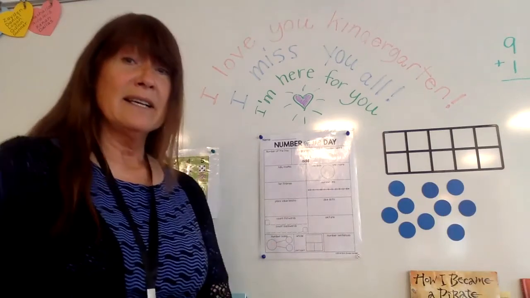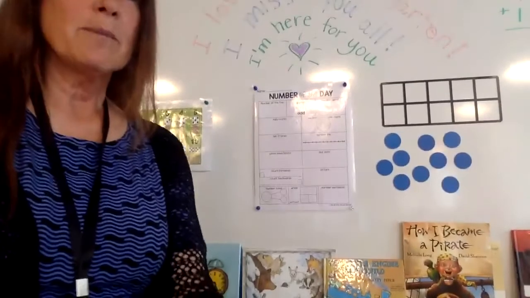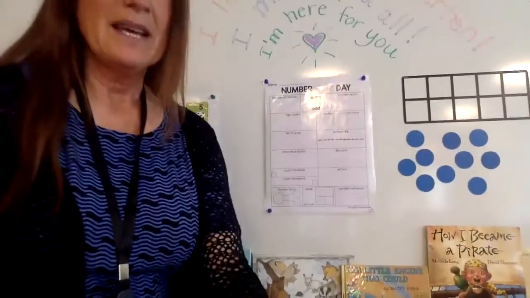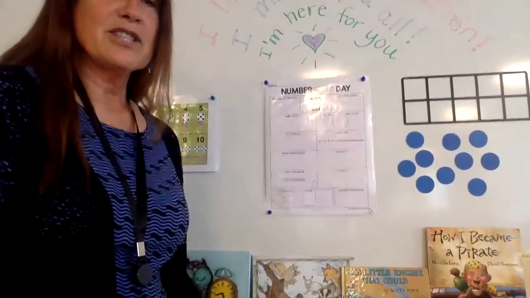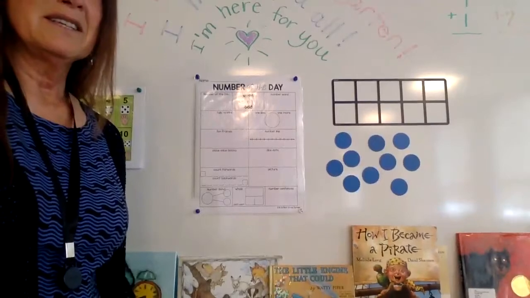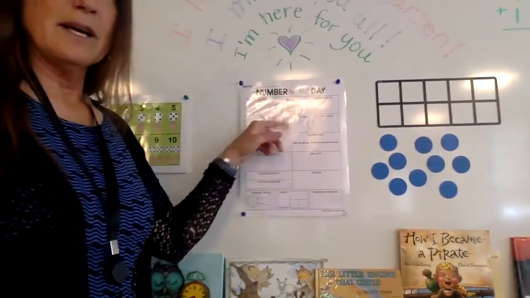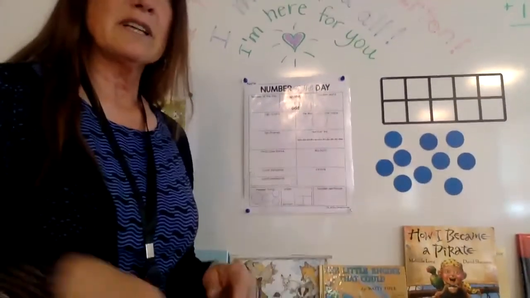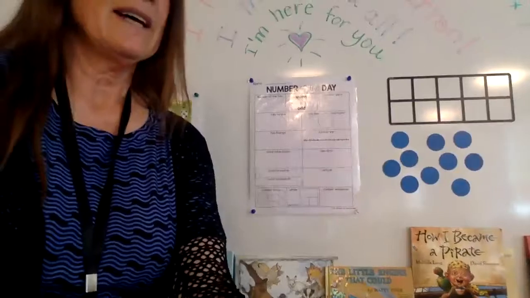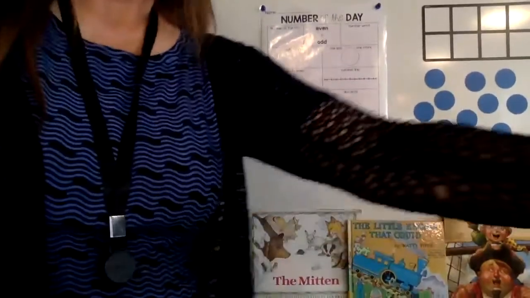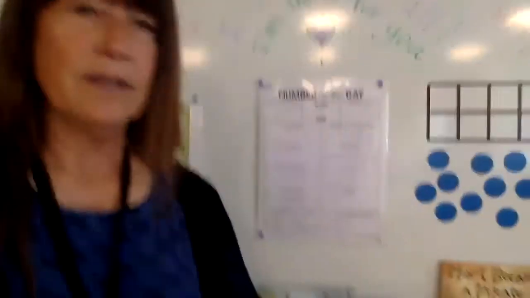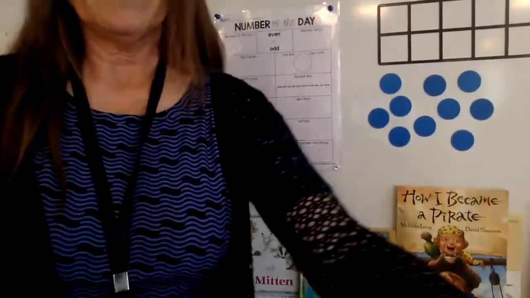So today I'm going to do a little number of the day. That light shining on my paper is not helpful, but I did turn off the lights. So we're going to do the best we can to see what the number of the day is. Maybe if I lift this up higher, a little bit better.